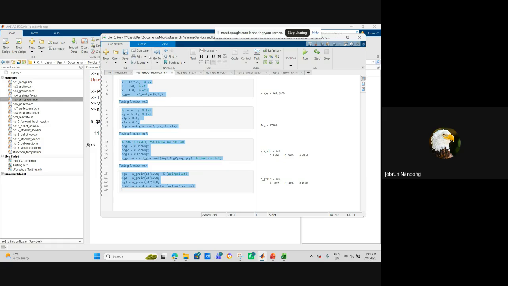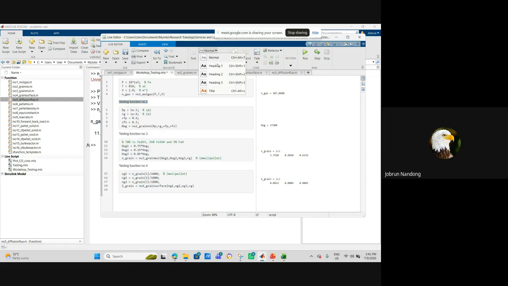I think I can increase the size of this one, make sure first the text. This one can be bigger, right?